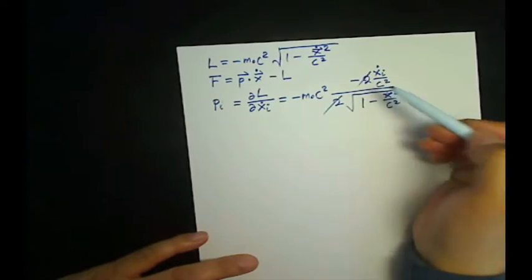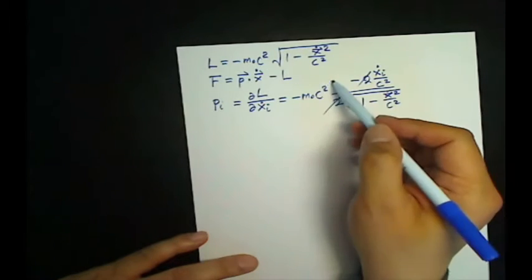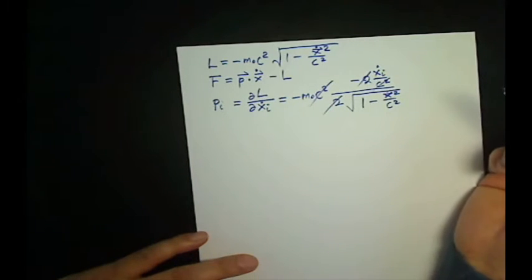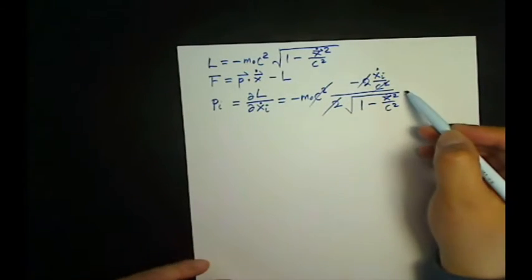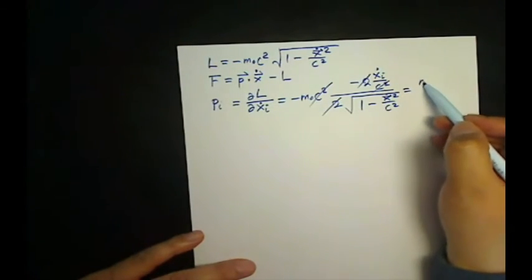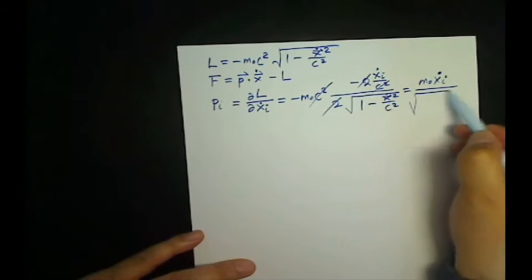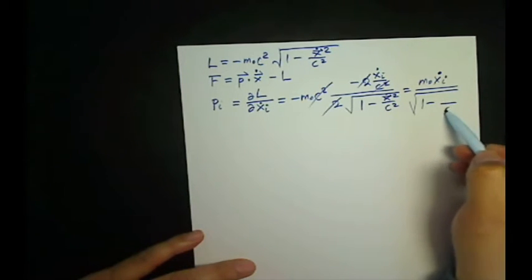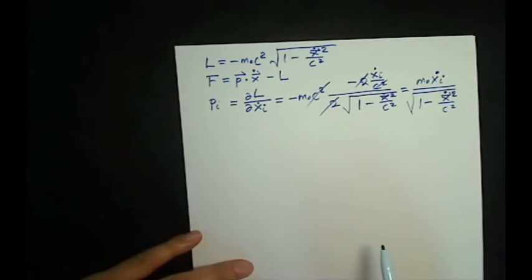Now the 2 cancels, minus minus becomes a plus, c squared cancels, and our final result is m0 xi dot over the square root of 1 minus x dot squared over c squared. This is the conjugate momentum.